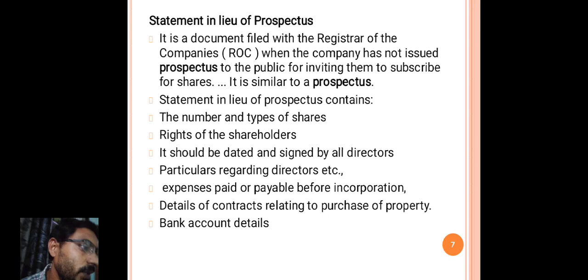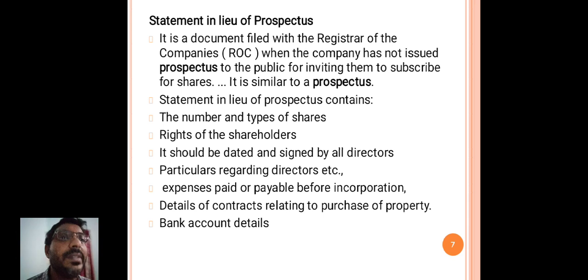The prospectus contains many details, like the details which are available in the memorandum of association and the articles of association, along with other common details which need to be known to the general public to invest their amounts in the form of shares or debentures in the joint stock companies.